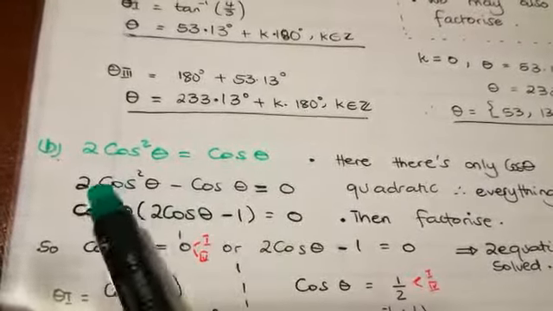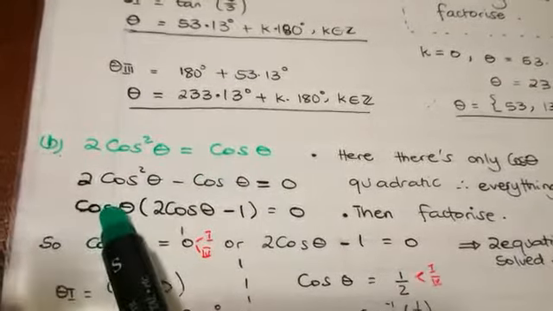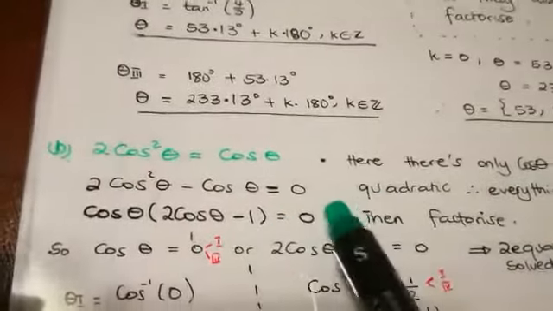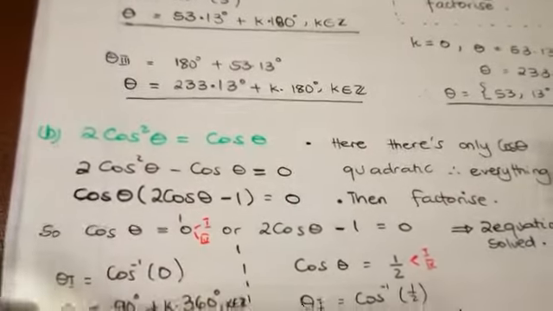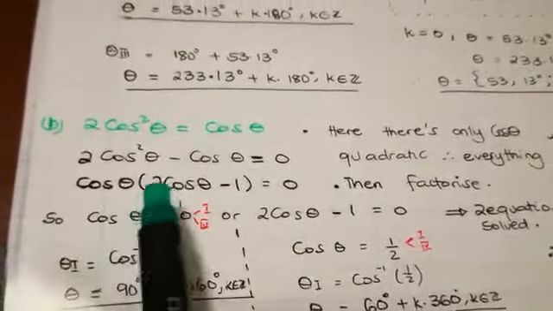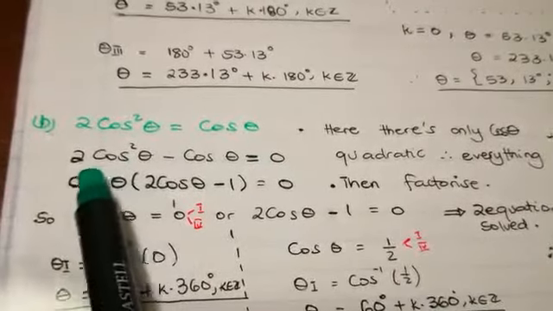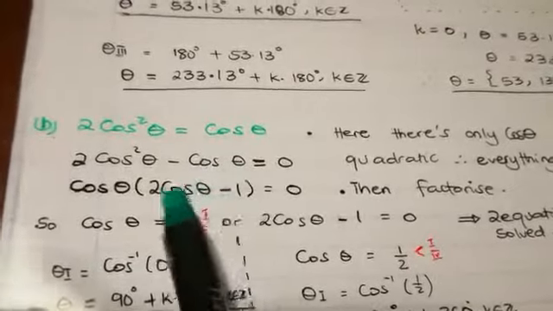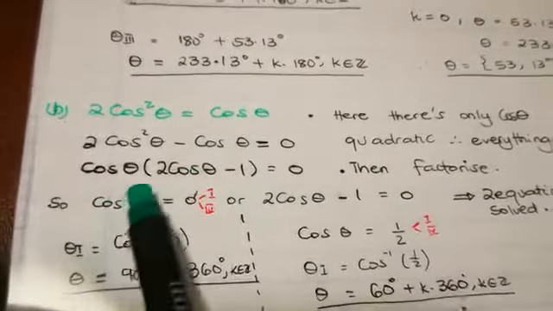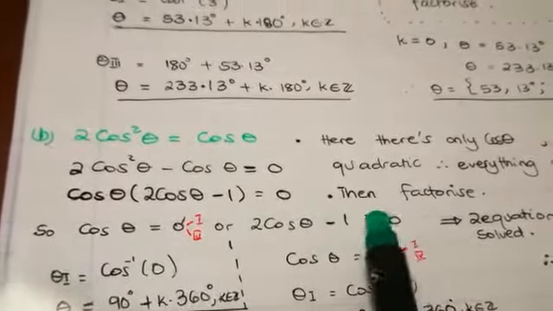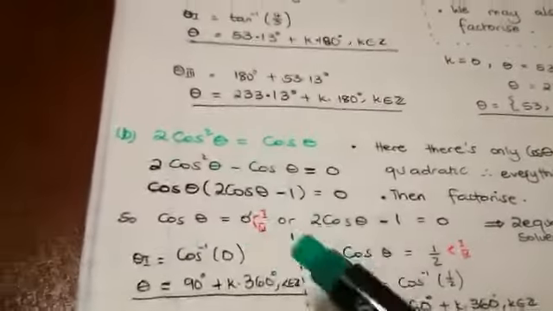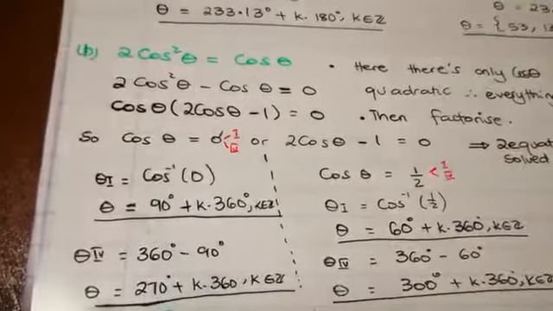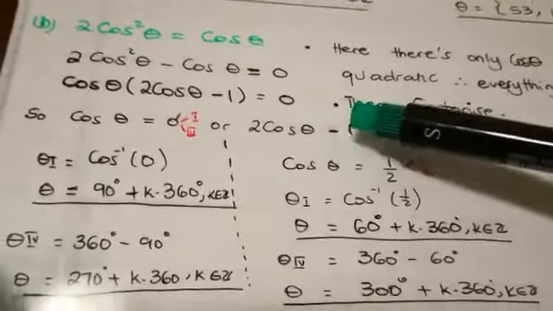What is common here is cos, so we factor out cos theta. Then we are left with 2 cos theta minus 1 equals 0. After you've done your factorization, this is going to be equal to 0, or the bracket is going to be equal to 0, which gives you 2 equations that you must solve. I did my solution for this; I got 90 and 270. I did my solution for this one too.